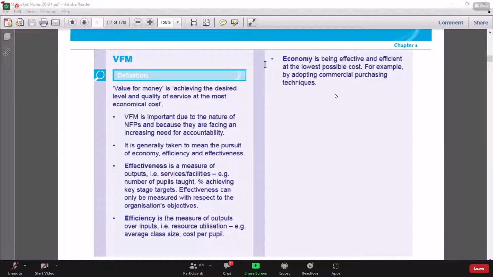Suppose, let us assume, if I take a school as an example, the main objective of the school this particular year is to provide free education to 100 students.